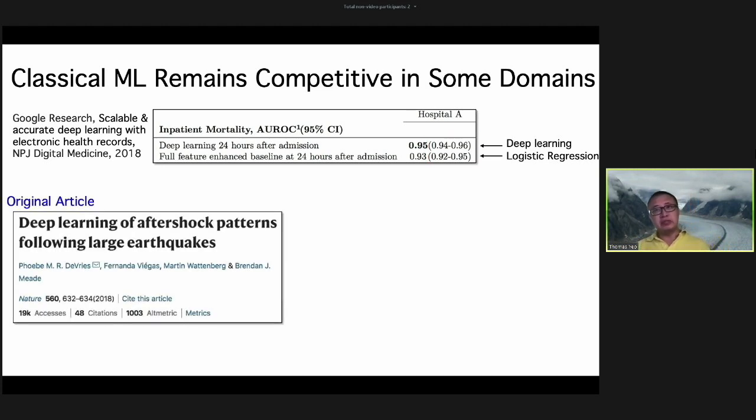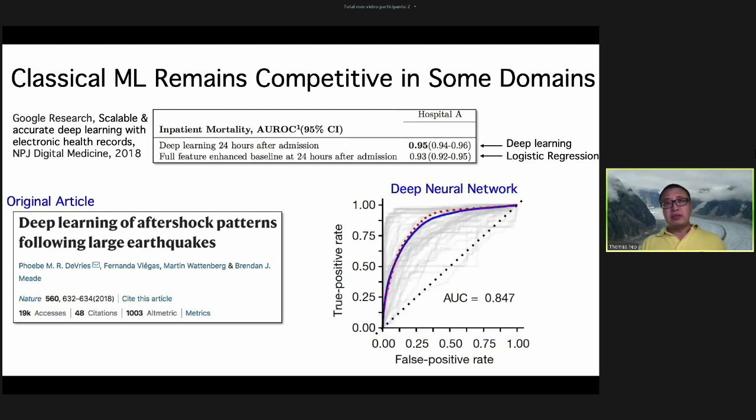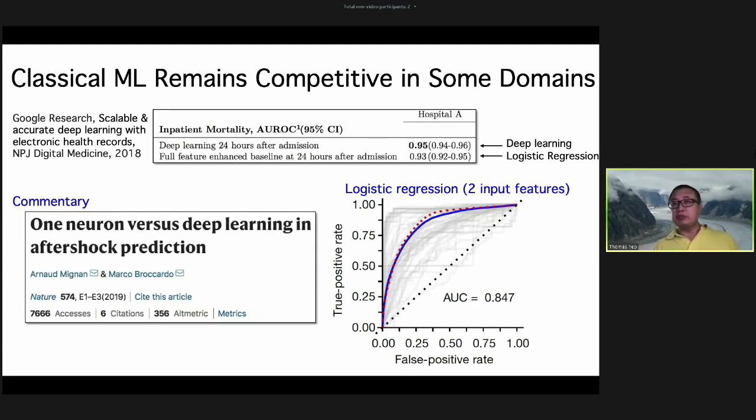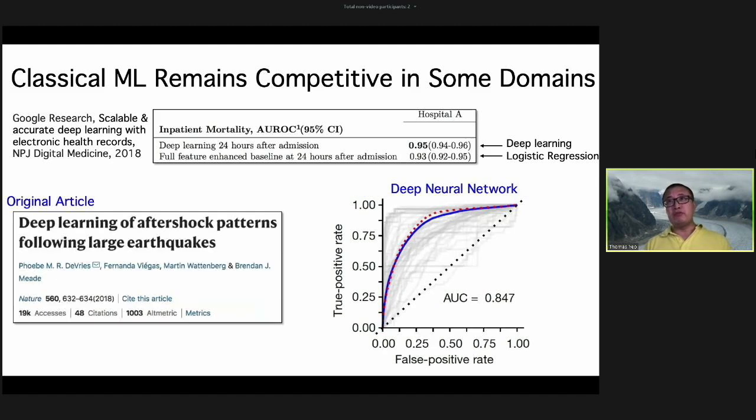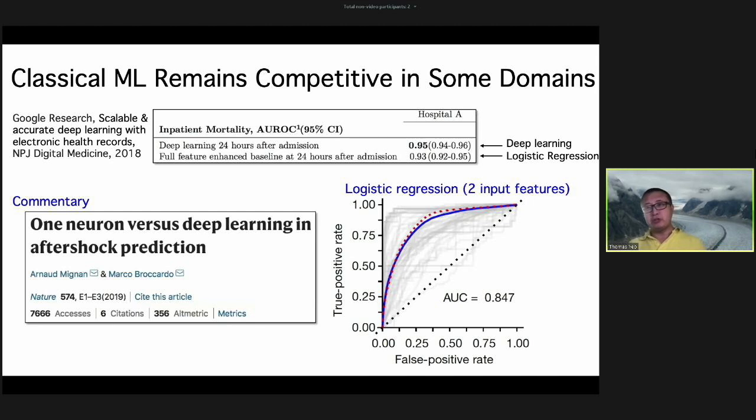As another example, here's a Nature paper that uses a deep neural network with 13,000 parameters to predict aftershock patterns following large earthquakes. The authors achieve an area under the curve of 0.847. However, others have pointed out that they can achieve the same AUC if they use logistic regression with two input parameters. As we go back and forth between the two ROC curves, we see that the performance was virtually identical between the two approaches.